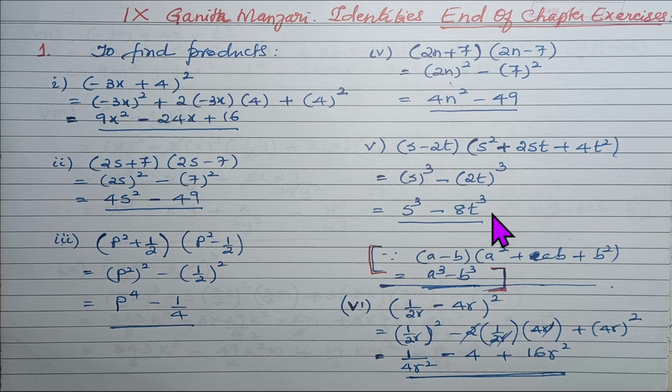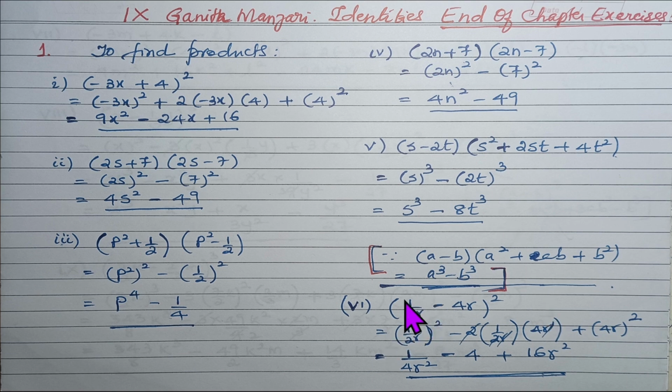Therefore it is s³ - 8t³. So please understand this identity. The identity used is a³ - b³ = (a - b)(a² + ab + b²), and exactly the given thing is (a - b)(a² + ab + b²). I can use a³ - b³, where a is s and b is 2t, so (2t)³. s³ - 8t³ is the answer.